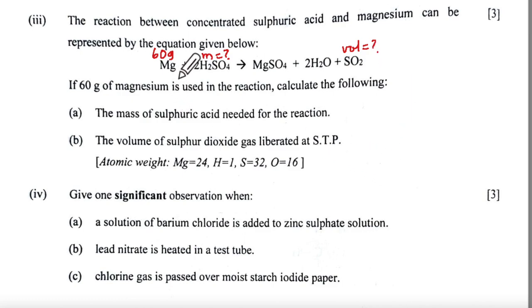Anytime they give you the mass, you have to look at the GMM. So in your working, magnesium is 24, so here I'll write 24 gram. There is one atom of this, so 1 into 24.